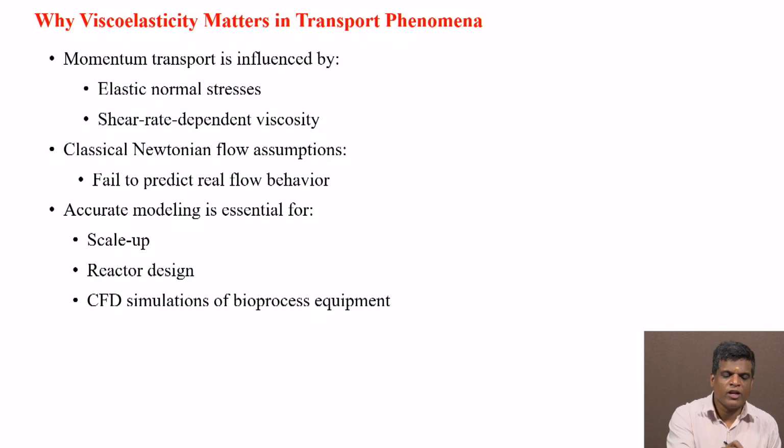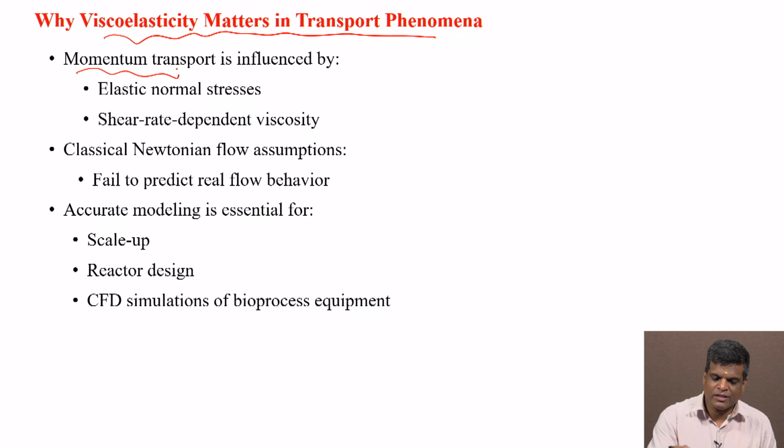So why does viscoelasticity matter in transport phenomena? Because in the first classes we discussed movement and transport, then mass transport, then heat transport. Momentum transfer is a function of velocity, which is the driving force.